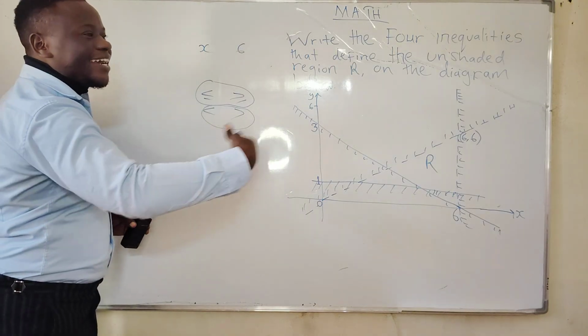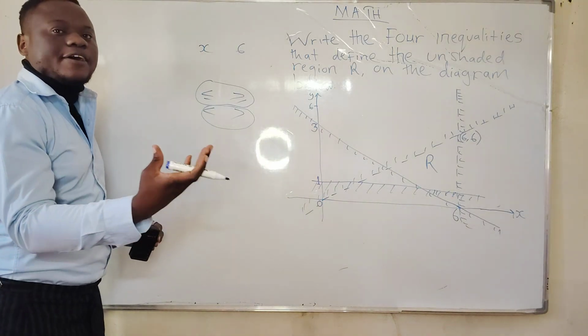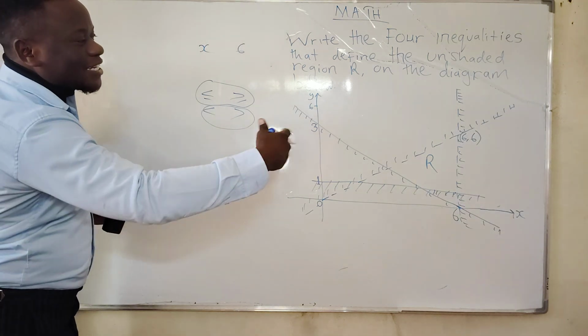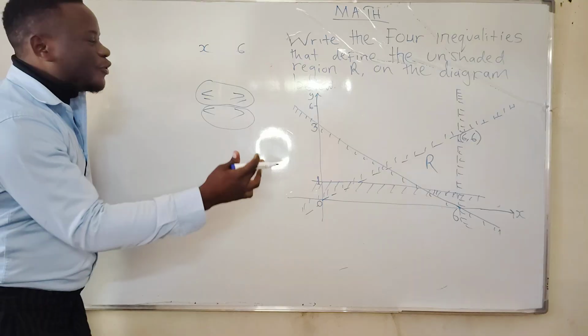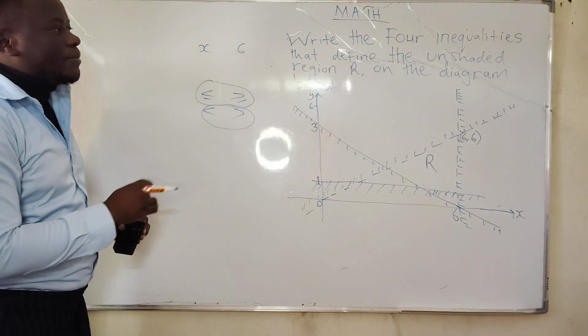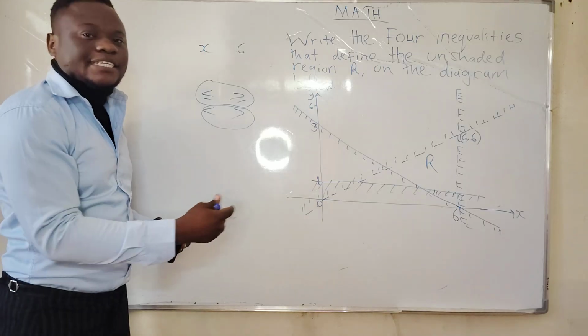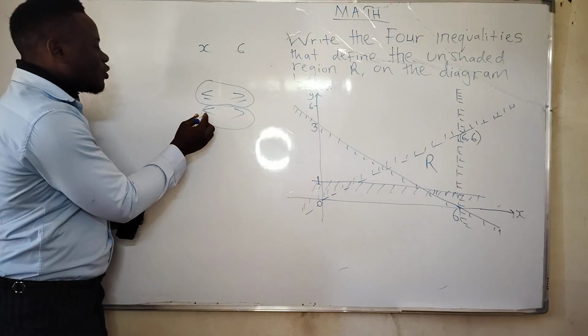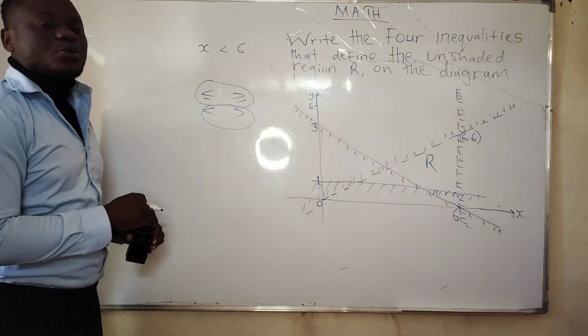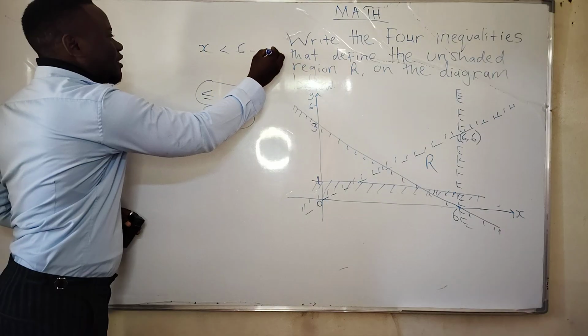When you hear right side, have that in mind that it has to be big. If the shaded side is big, then here you use the opposite one, which is less. That's the meaning of unshaded. So here now you go for less than, because the right side was shaded. So this is inequality 1.